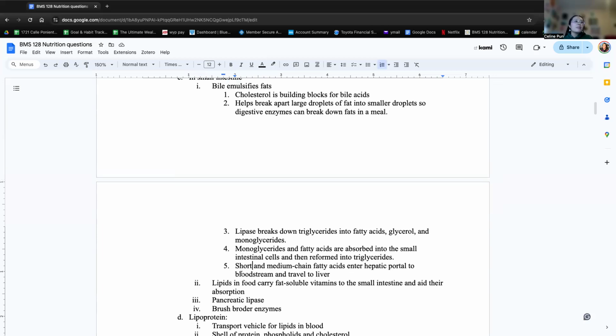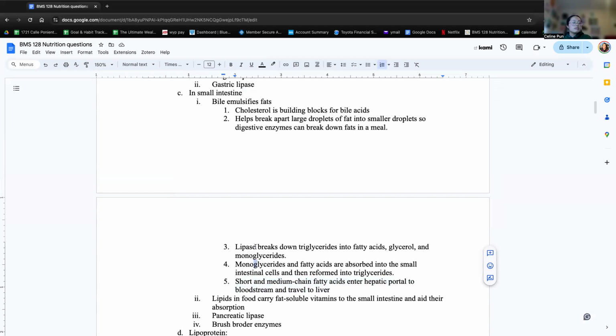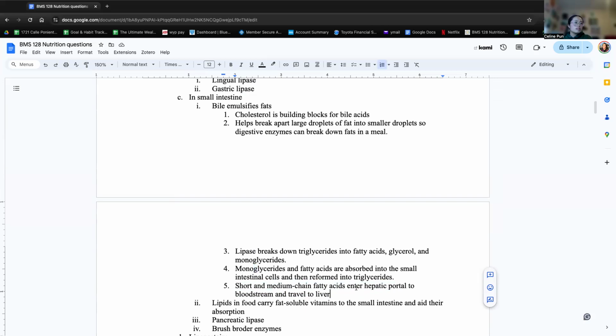It enters through the hepatic portal and travels to the bloodstream, then to the liver. You remember when we were talking about that? Yeah, right there.